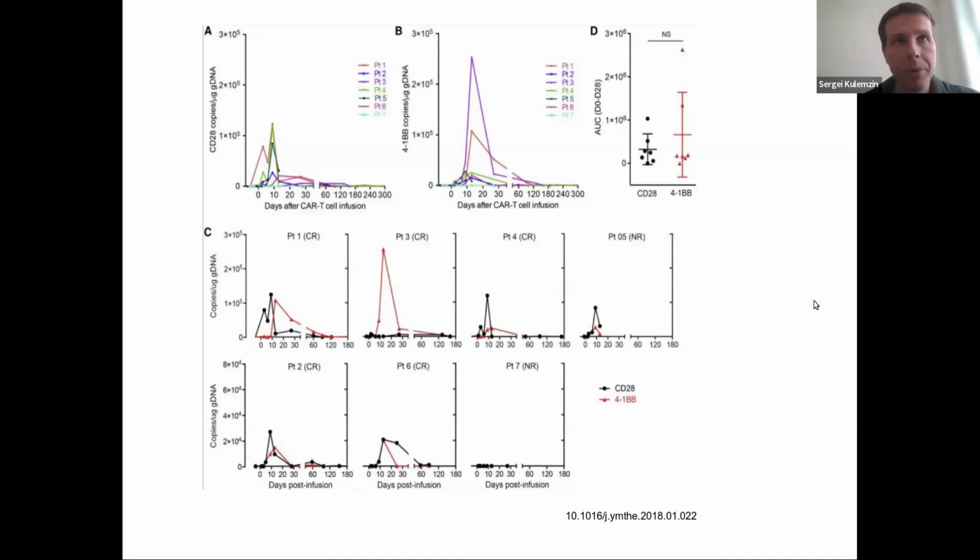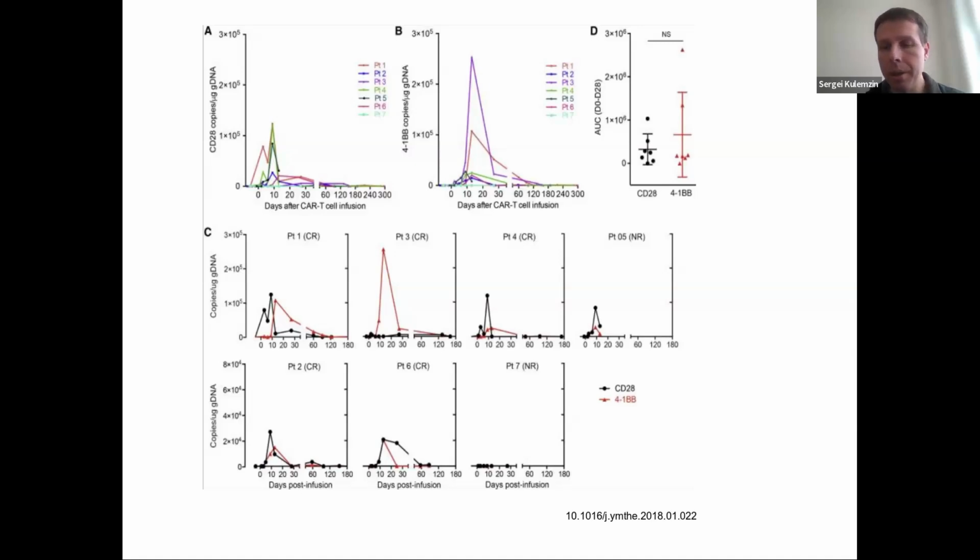But I think that we really have to think about employing a similar idea of combining different CAR T cell products and using them in the same patient to ensure that one product is really better in terms of persistence, because we see a lot of papers in Nature every year with some novel insights into CAR T cell design, with some novel ideas of how to make the ultimate CAR. And then we don't see all these great improvements in the clinic, because no one knows whether it will really be more beneficial for a patient or not.